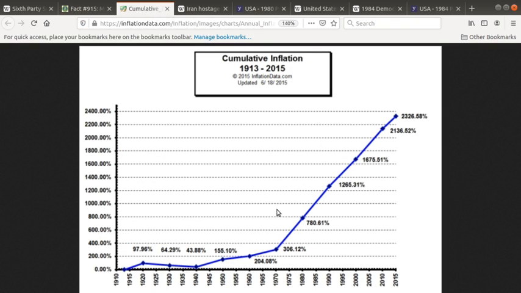The next thing is not really Jimmy Carter's fault, as it's been happening for the entire nation's existence, but I did talk about it a second ago: inflation. Here we have inflationdata.com's graph. Inflation bumped up in the 20s and then fell, in 1940 it started going up, and in 1970 it started skyrocketing to such high levels.